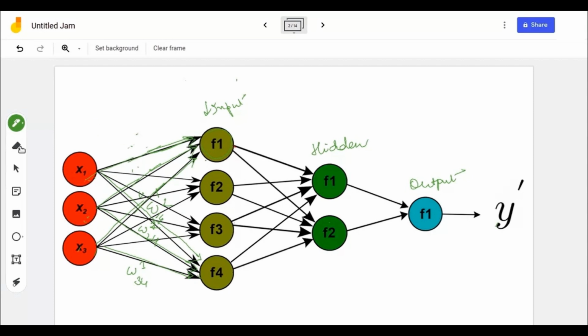So this is what exactly happens. And since there are a lot of weights, it becomes very messy. Hence, to keep everything in order, we feed it into the model in the form of a matrix of 3 cross 4 dimensions. Here 3 stands for the number of inputs and 4 stands for the number of nodes in the layer.